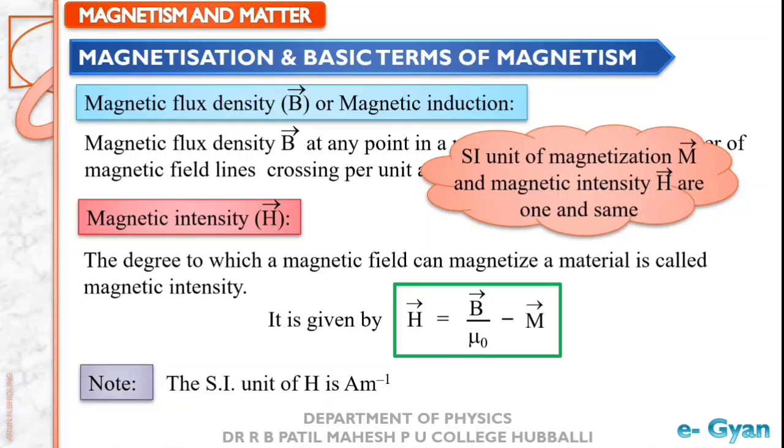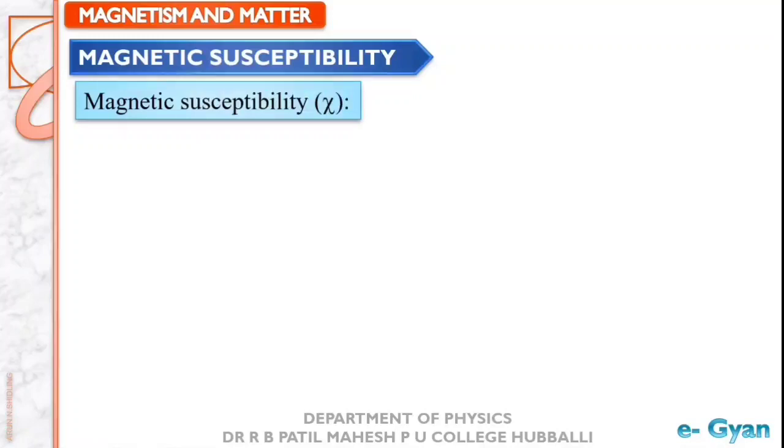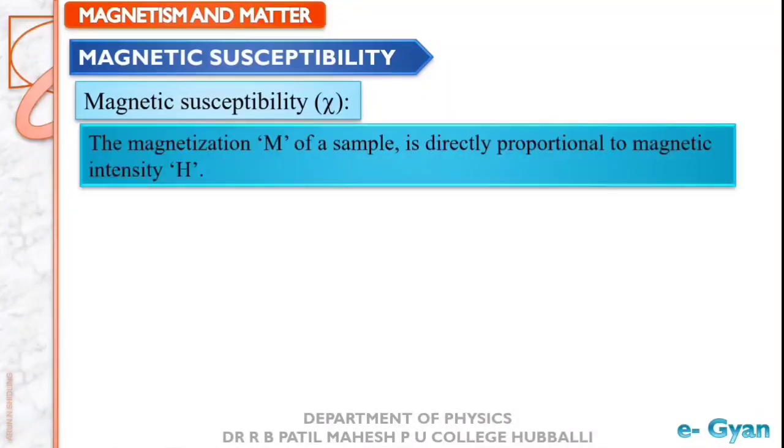Moving to the next slide, let us now study magnetic susceptibility. Magnetic susceptibility is represented by the symbol chi.